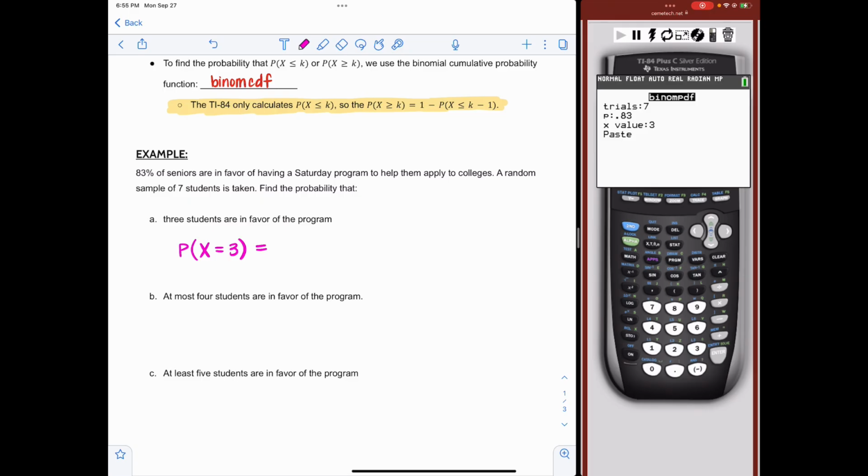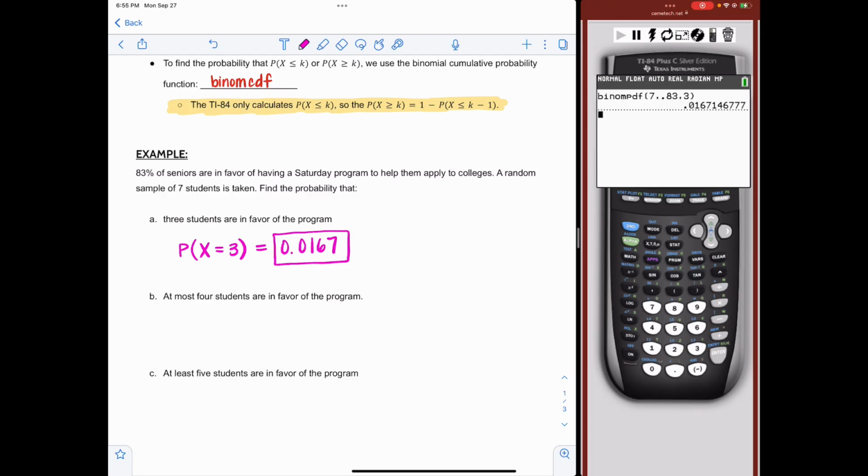And then I'm going to paste it, and once I press enter, I will end up getting 0.0167 if I round it to 3 sig figs. So this will be my probability. In other words, about 1.67%.